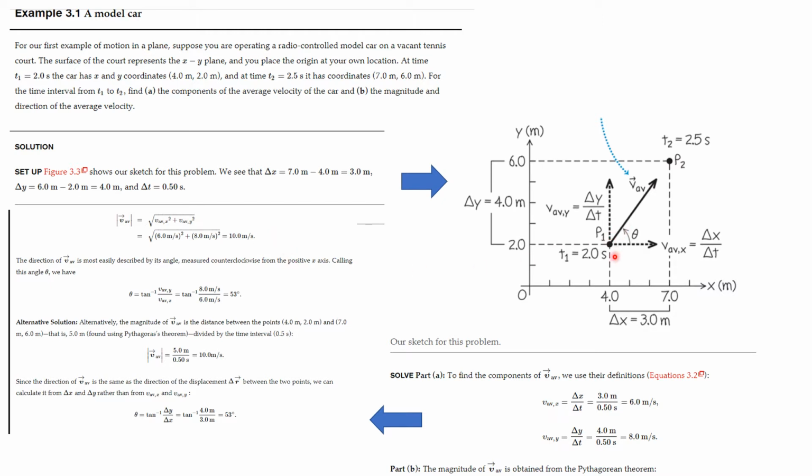Then I want to know the angle of the velocity. That's going to be the inverse tangent of the y over x velocities, which is the inverse tangent of 8 over 6, or 4 over 3. And we get that that is 53 degrees.